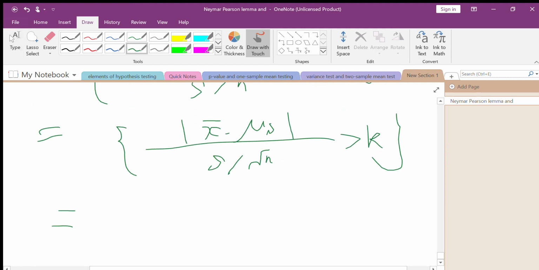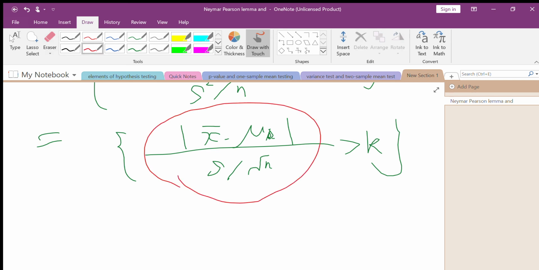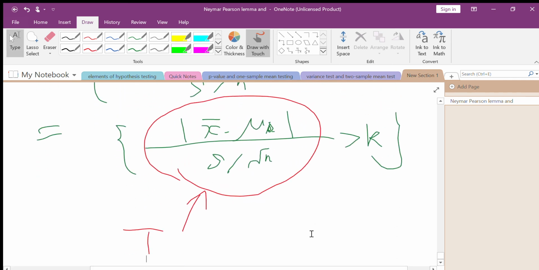So we make an observation that this is actually capital T, a random variable following the T distribution with degrees of freedom n minus 1.